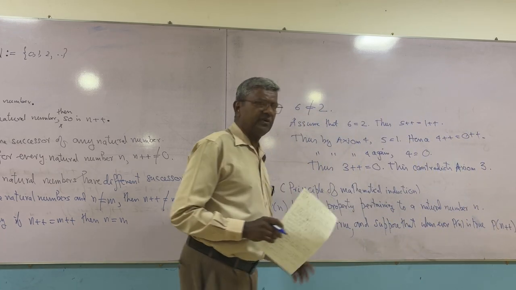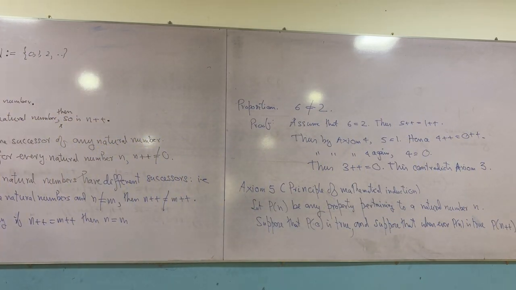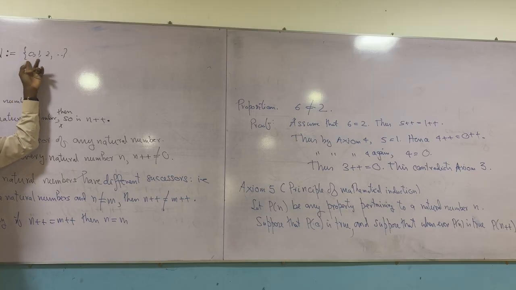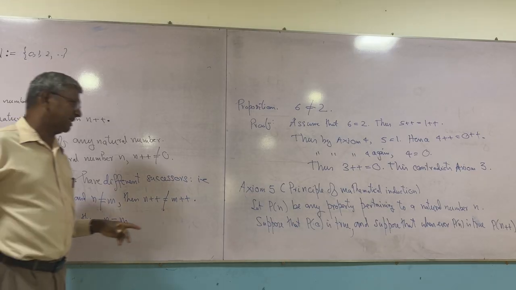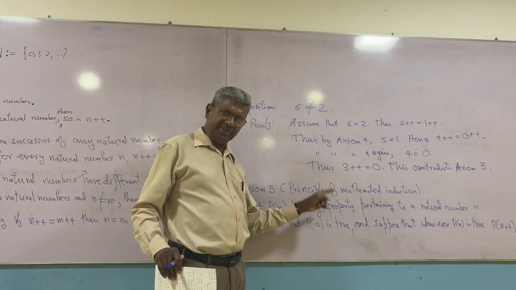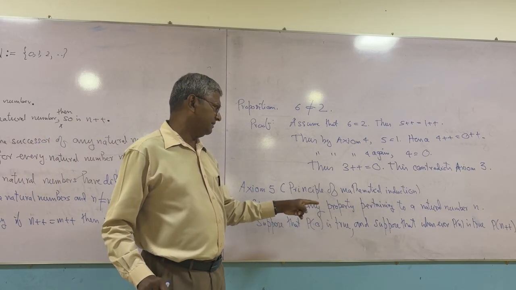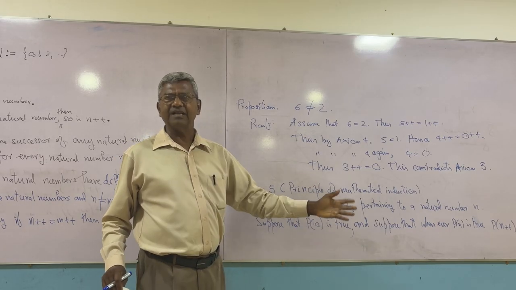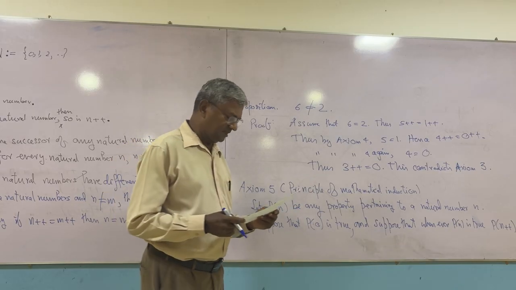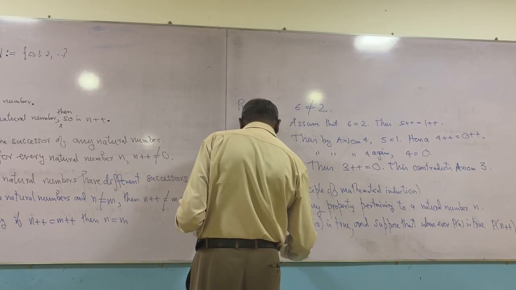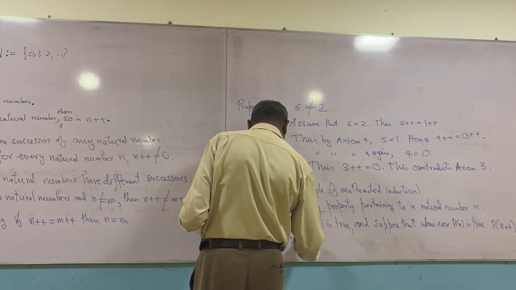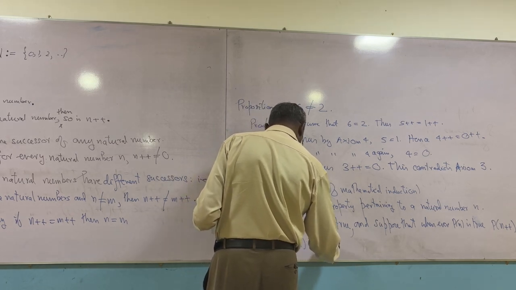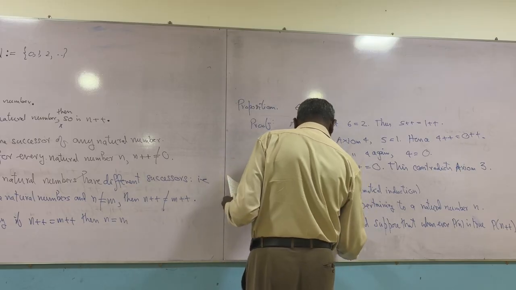So, the principle of mathematical induction has two assumptions. One is P0, because in his set of natural numbers he has the number 0. When you study in school, maybe you would suppose P1 is true, and suppose that if Pn is true, then Pn plus 1 is true. He is writing the same thing in a different way. Then Pn is true for every natural number n.